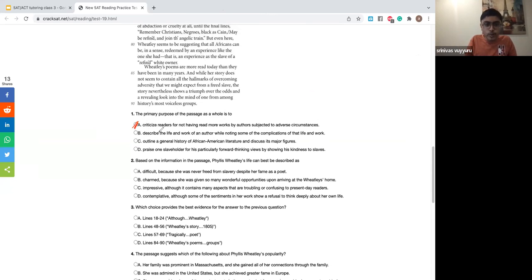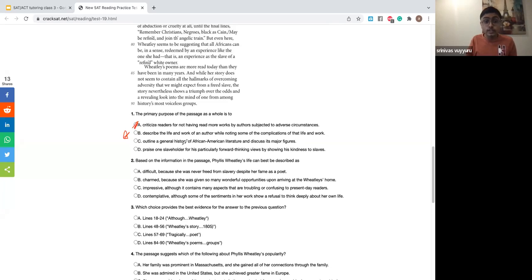So for B, describe the life and work of an author while noting some of the complications of that life and work. So as we said before, this sounds really promising as an answer, simply because we did talk about Phillis Wheatley's life and work, and we learned about the complications of her life and what happened after.